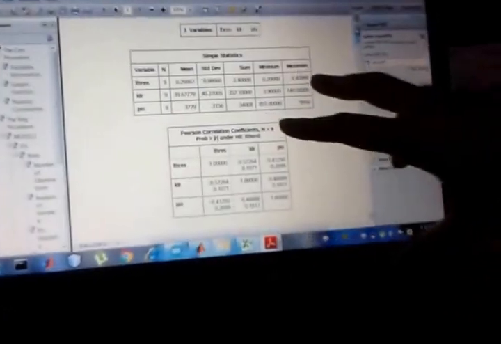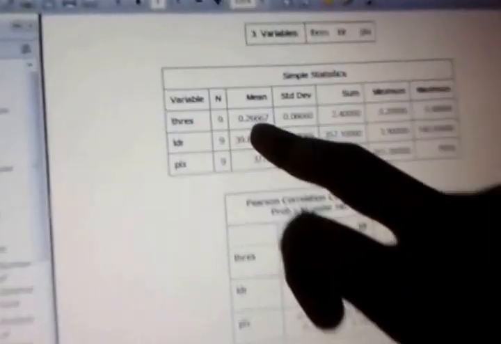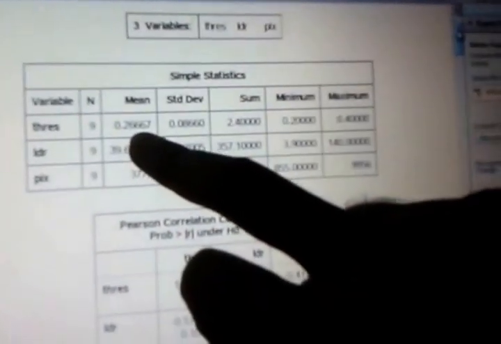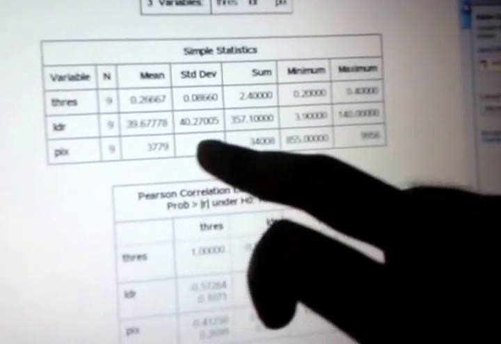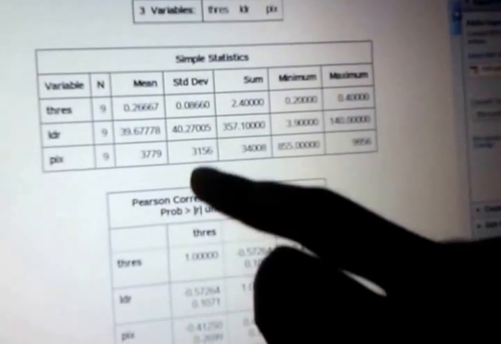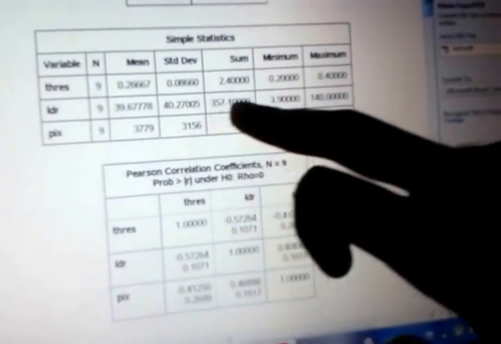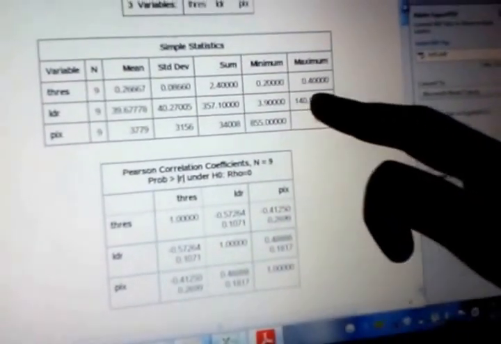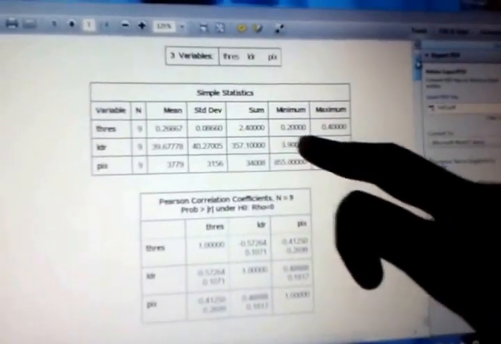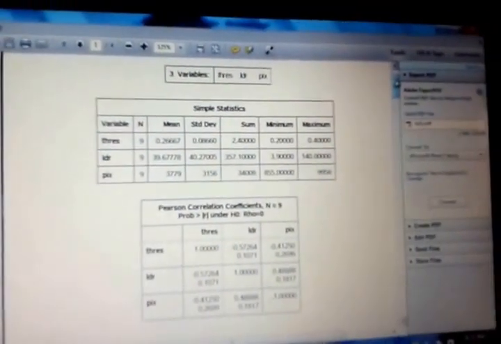Now please go up. I just want to show one last thing. This is simple statistics. This shows us the mean threshold in our entire experiment, the standard deviation, and also the minimum and maximum values. Please open the graph also, and the Excel sheet also.